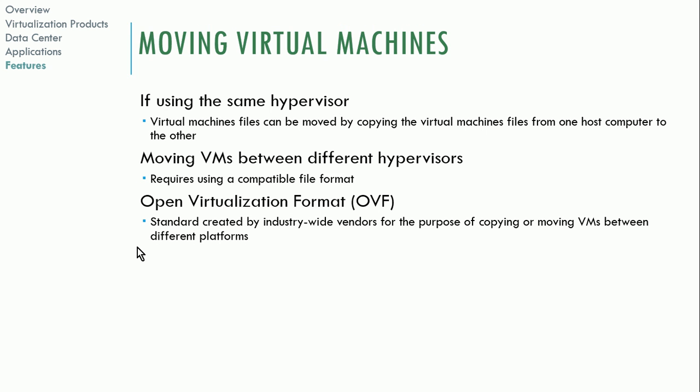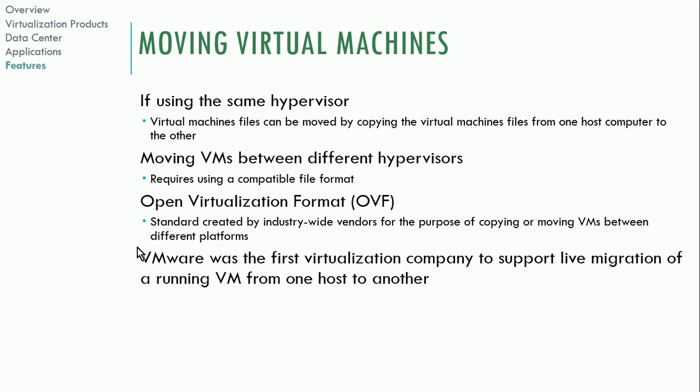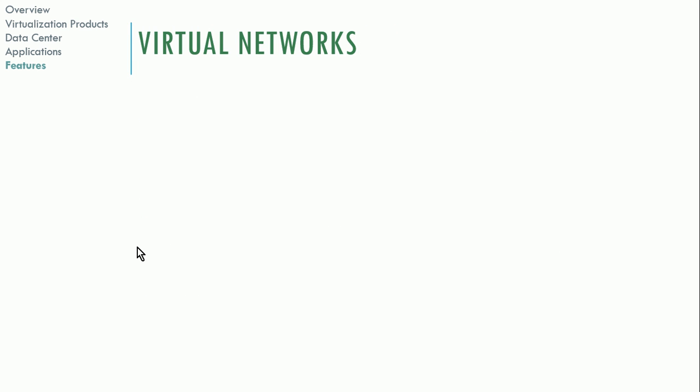Although, like anything else in life, there are no guarantees. And as I said before, in many cases the different virtualization platforms support other vendors' formats. For example, VMware can support Oracle's VirtualBox and Hyper-V, and Hyper-V can support VMware and so forth. So a lot of times you can move these around.